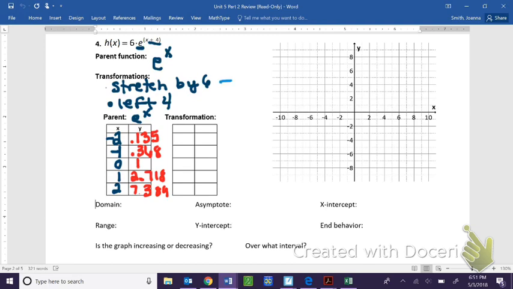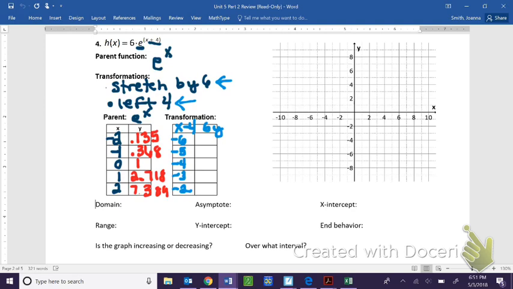Now, we said we had a stretch by 6 and we went left 4. So I'm going to take my x values and subtract 4, it's the opposite. And for the y, I'm going to multiply my y values by 6. So, negative 2 minus 4 is negative 6. Negative 5. Negative 4. Negative 3. And negative 2.